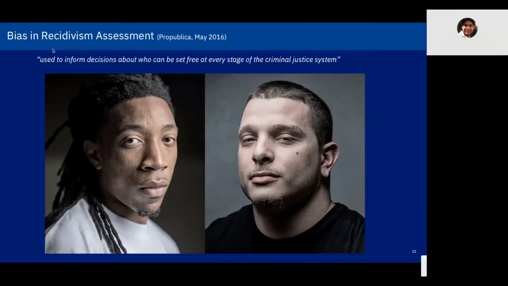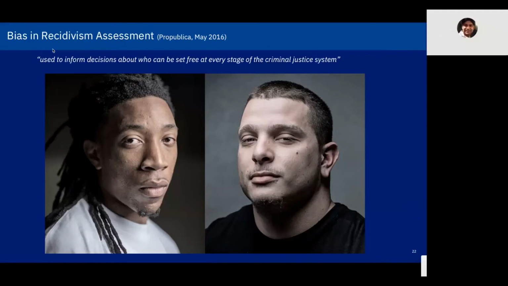There was a study published by ProPublica where they looked at bias in the criminal justice system. This is of significance because the software has been used by judges over the years to assist them in giving sentences.